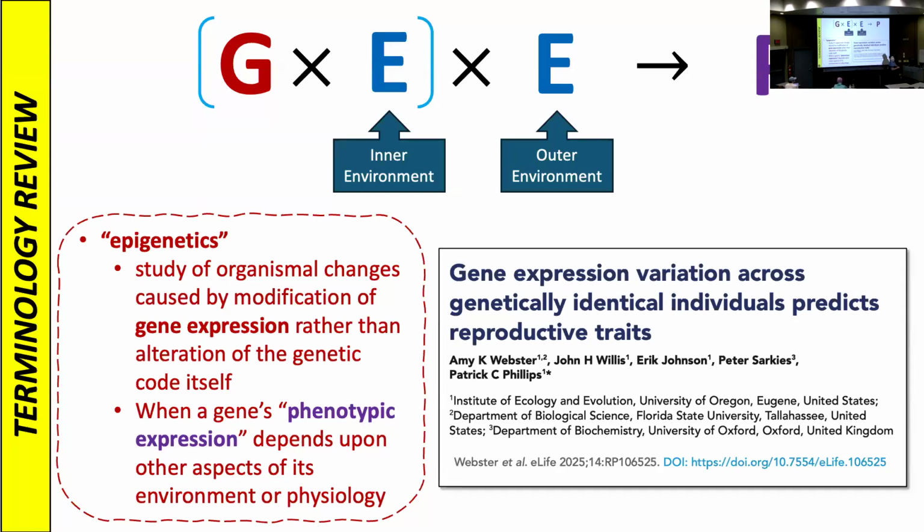So they looked at the messengers that were used in the process of expressing genes, and they found, lo and behold, that if you sampled from the fluid that is floating around inside the worm, you could predict whether it had a late egg laying rate or an early egg laying rate based on what, let's just say, mRNA concentrations you saw. So that's showing that there is some effect, probably of the outer environment, that creates changes in the inner environment, which changes how genes are turned on and off.